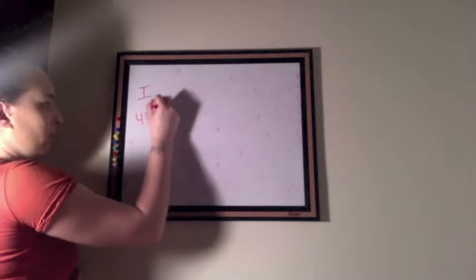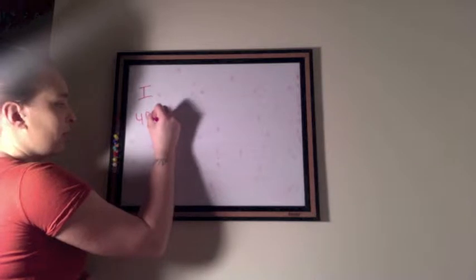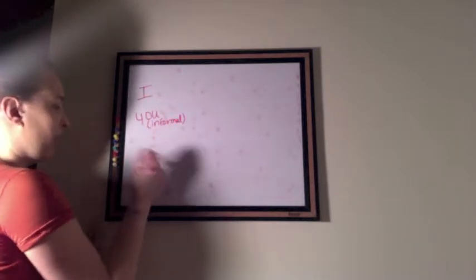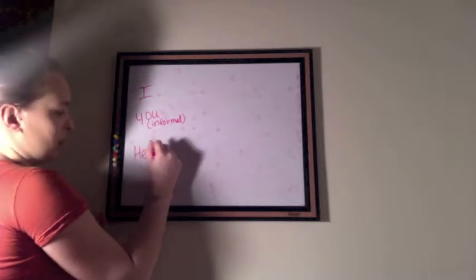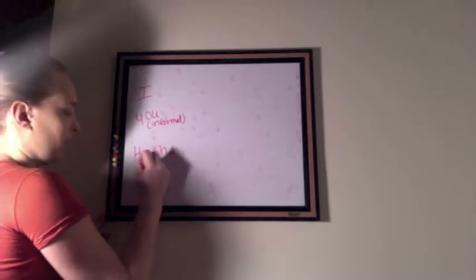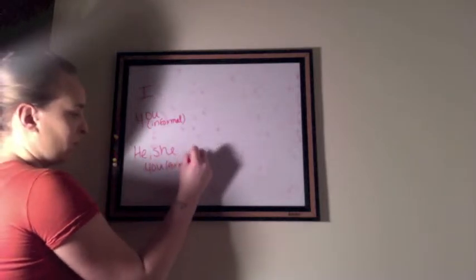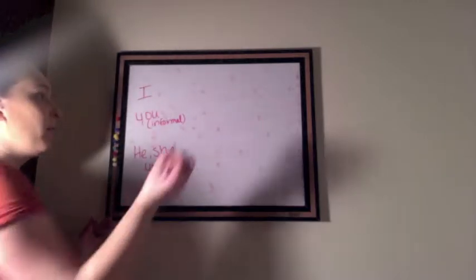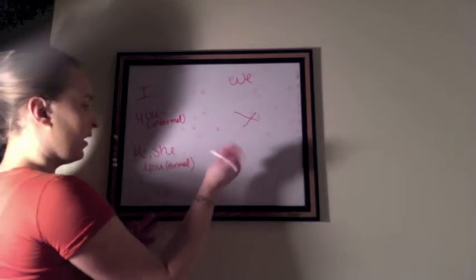In English, they're known as I, you. This one, you, is informal, so it's just used with your friends. And then we have he, she, and you formal. Those all have the same ending. Then we have we. Then there's one that goes here, but you don't learn that one until you're in a further level of Spanish. And then we have they.